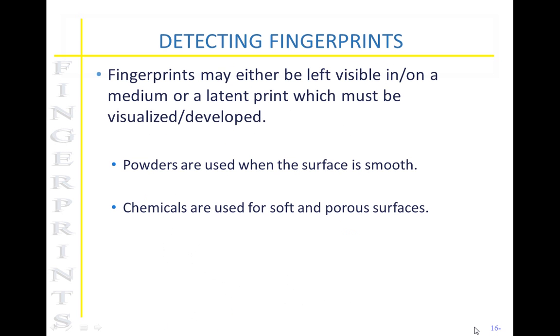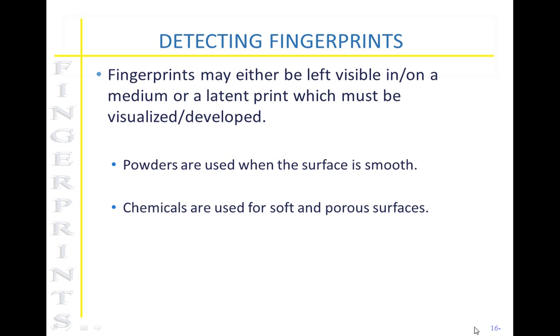So now that we know a little bit about the various patterns and the minutiae that can be found in fingerprints, we need to be able to detect those fingerprints. And once again, there are going to be some fingerprints that are visible. These might be things such as someone who has an extremely oily or greasy hand that actually touches paper.